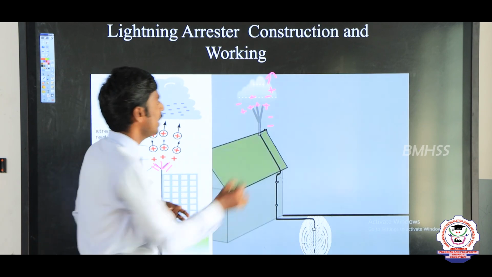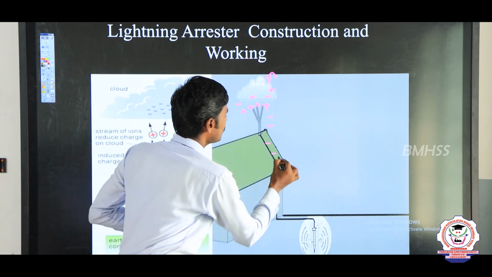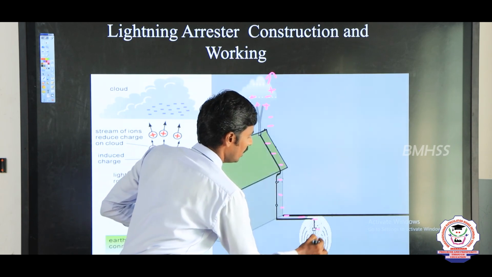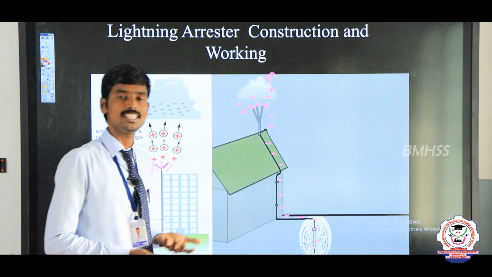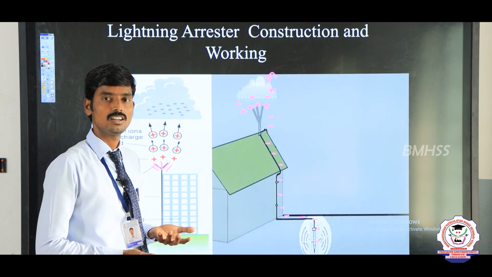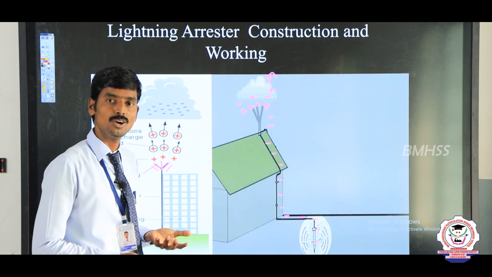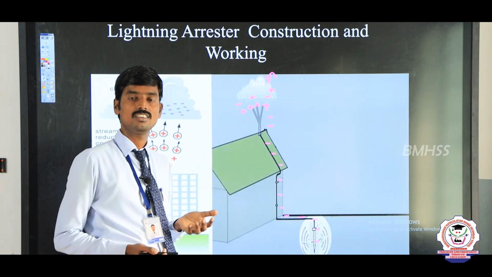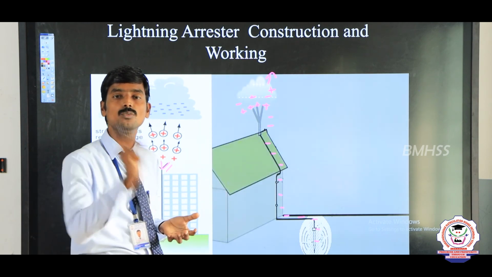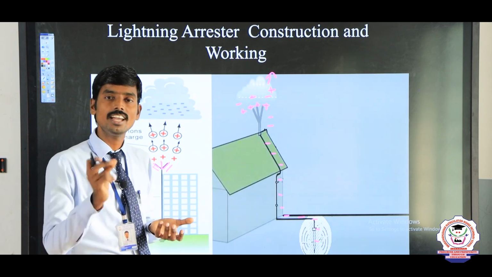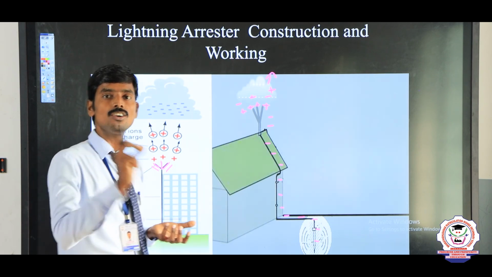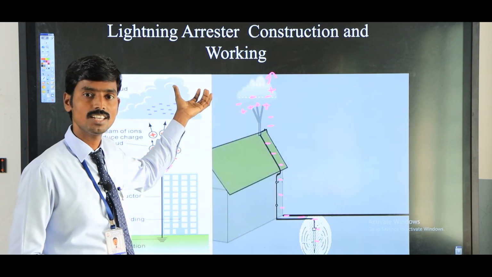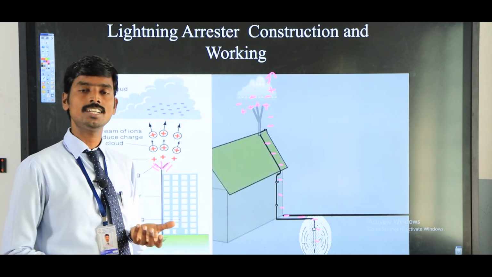Now these negative charges pass through the copper rod or copper wire, and these negative charges are neutralized. Now our building will be very safe. This is the construction and working of the lightning arrestor. The lightning arrestor works on which principle? Yes, action at the point or corona discharge.